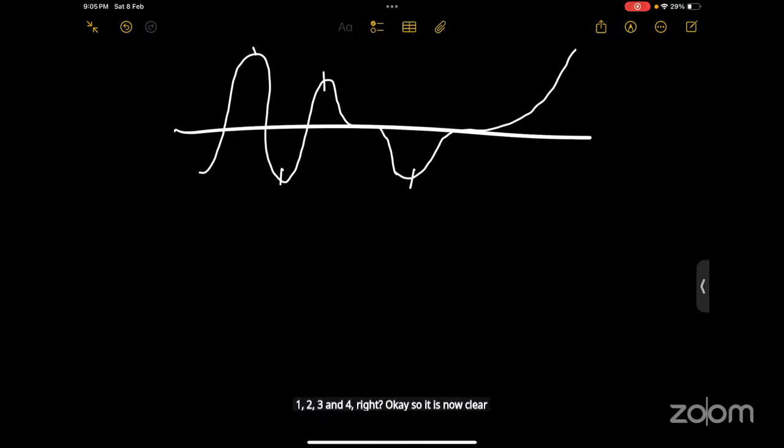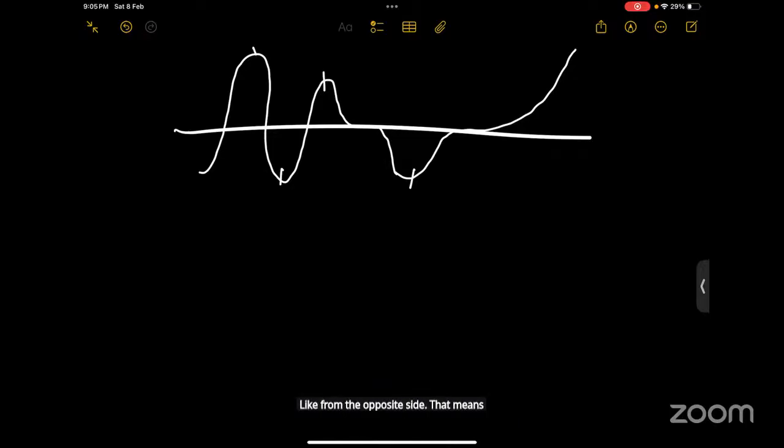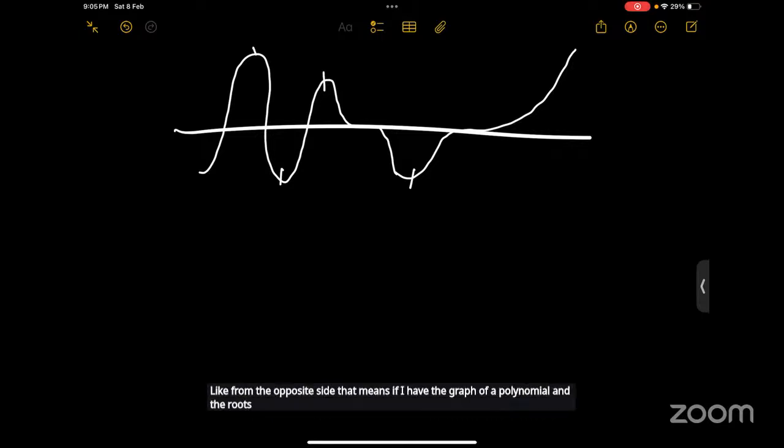Now the last thing is, we know if I have the equation of a polynomial, then we can draw the graph, right? But we can do it from the opposite side too. That means if I have the graph of a polynomial and the roots, then we can find the equation of the polynomial too.